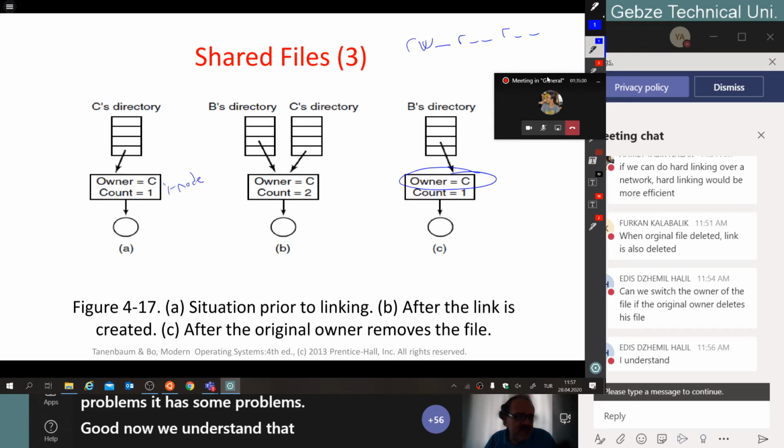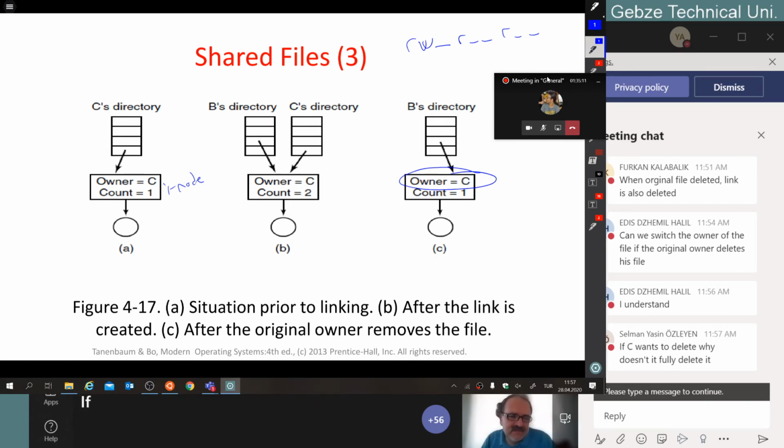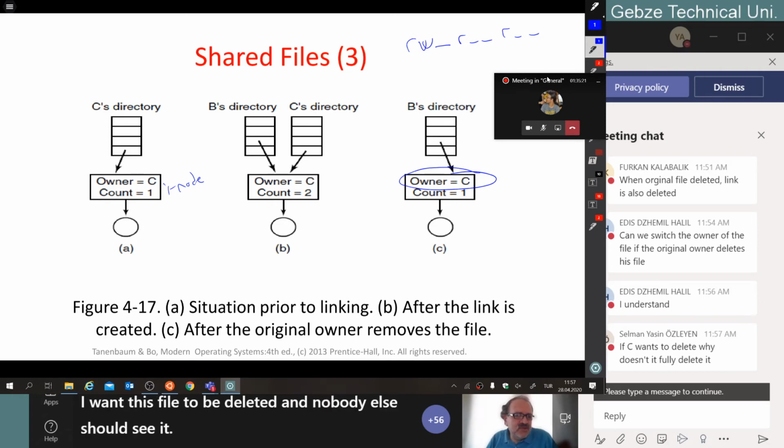If C wants to delete, why doesn't it fully delete it? If C says that I want this file to be deleted and nobody else should see it, there are ways of doing it.